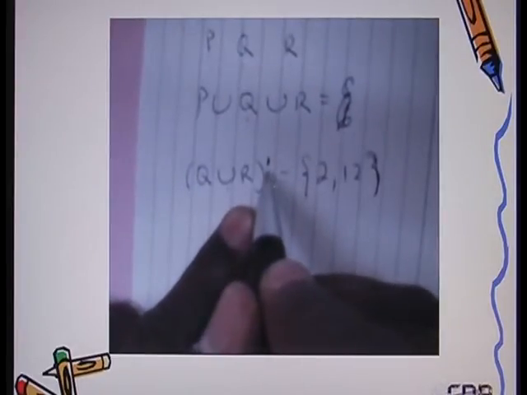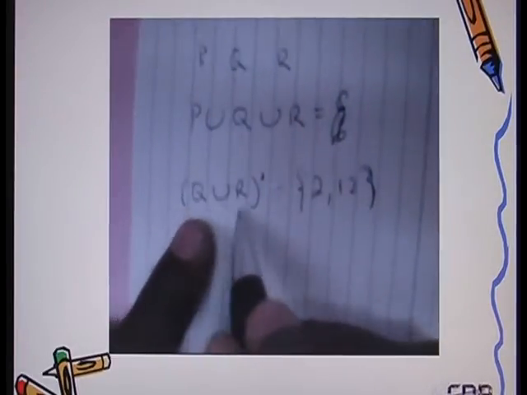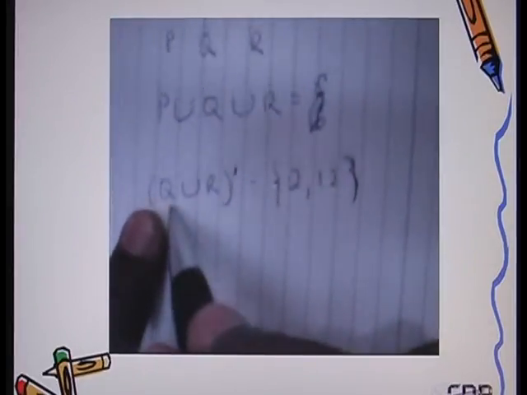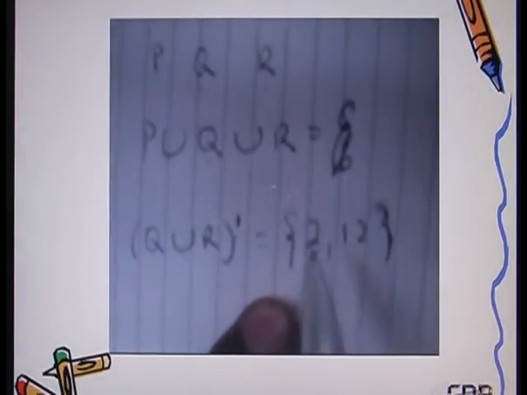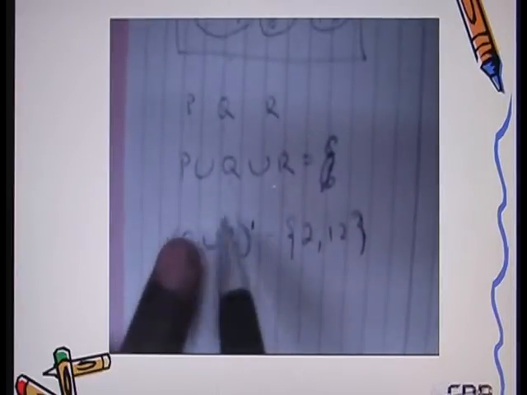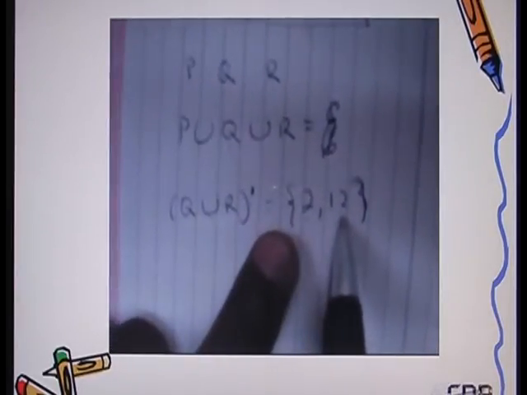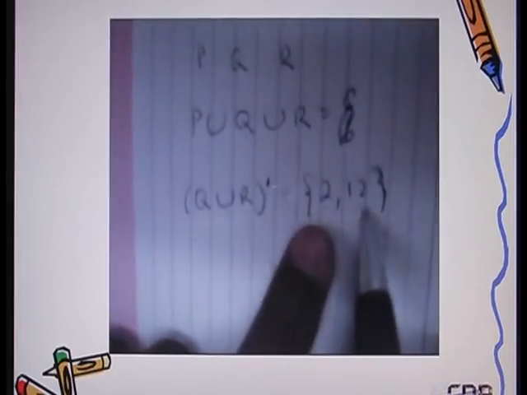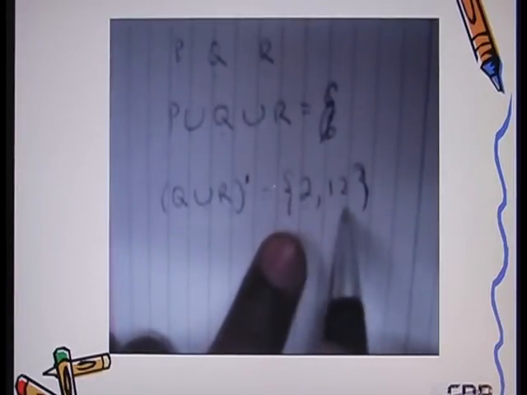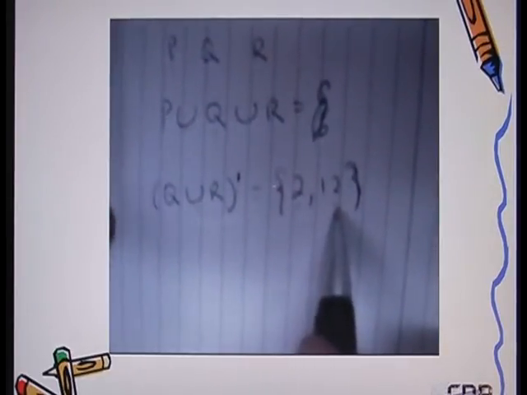So it's telling us that when these 2 sets combine together, these 2 elements are not a part of Q and R combined. So obviously, if there are 3 sets, and Q and R combined don't have these 2 members, and each set should have 2 members, then automatically we can answer the first question, which asks for the members of P.